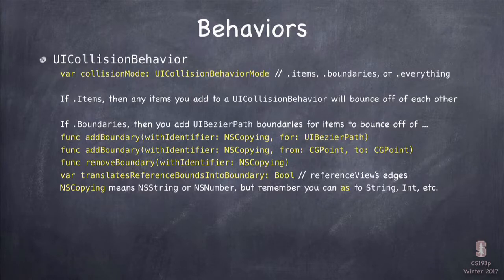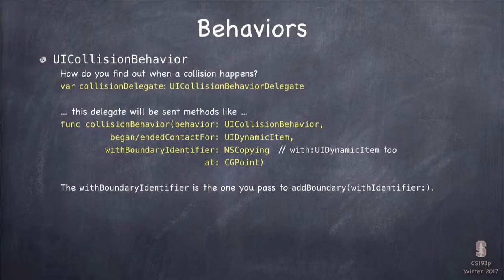Now, why do you need that identifier? Because when a collision happens with a boundary, the collision behavior has a delegate, and it'll tell you. So if you set yourself as the collision behavior's delegate, then if you have any boundaries set in there, or if two items are colliding with each other, you're going to get this sent to you. This is a collision delegate method. Collision behavior began or ended contact for some UIDynamicItem, a UIView that's bouncing around in there, with the boundary identifier NSCopying.